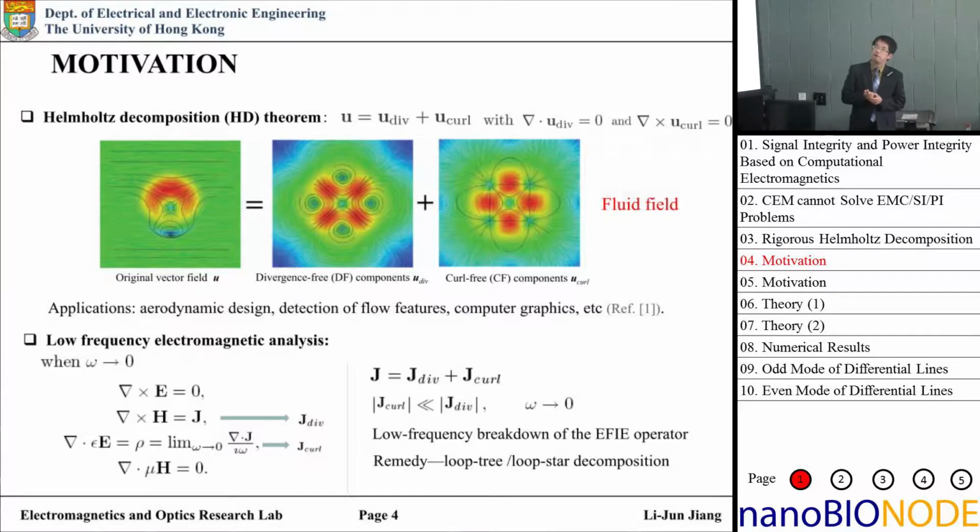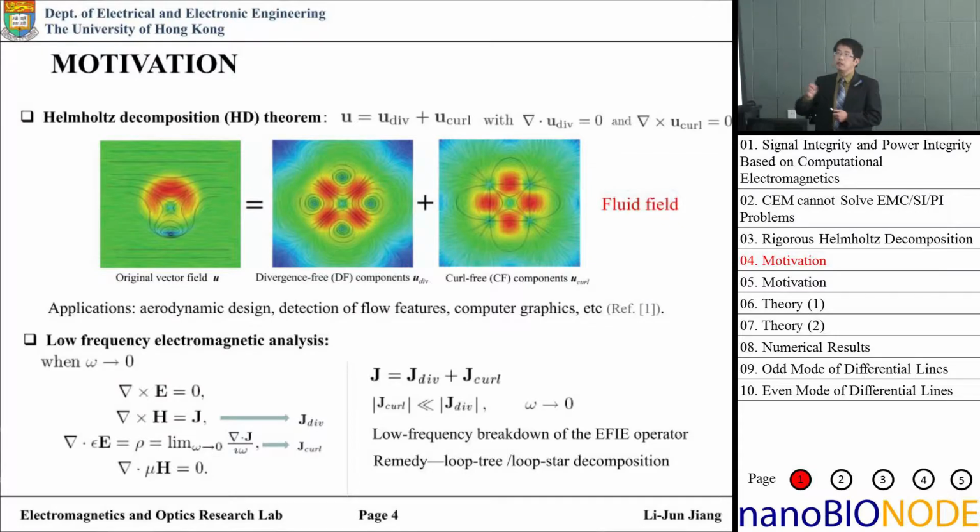Basically, if you have a finite vector field, you can always decompose it into a divergence-free and a curl-free field, and that's Helmholtz decomposition. In EM at low frequency, the E and H fields decouple, and for the current, if I solve the current, you have the divergence-free current and the curl-free current.